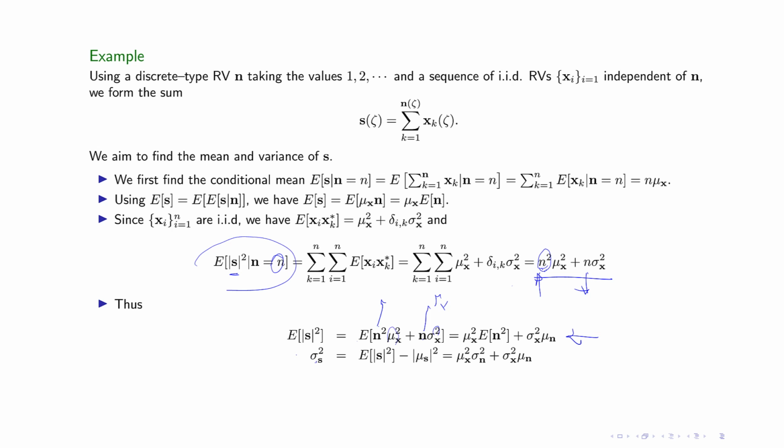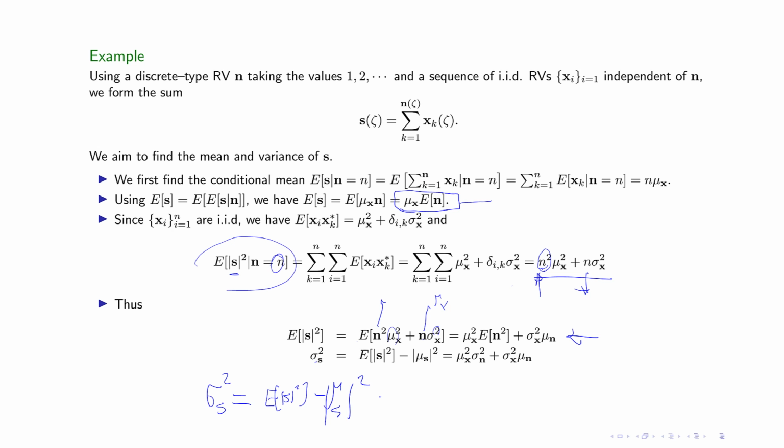Now if you want to calculate sigma squared of s, it is obviously equal to the mean of s to the power of 2 minus the mean of s, to the power of 2. I have the mean of s already here. You calculate its value to the power of 2, and then you substitute it.